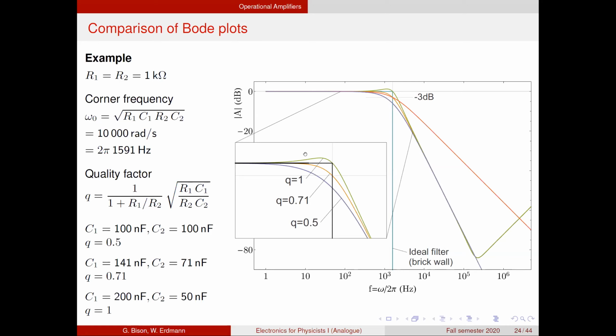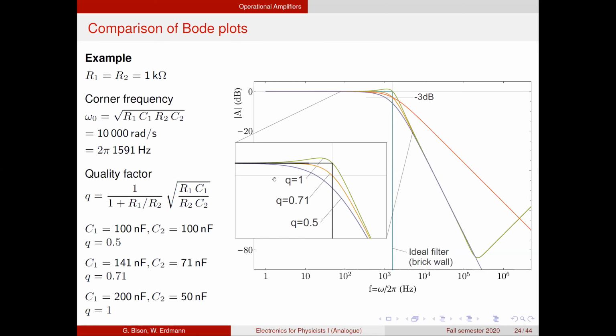And we can come a little closer to that by choosing a different quality factor. As you can see here, if we choose quality factor 1 over square root of 2, then we stay longer, this orange curve, we stay longer at gain 1 and then go quicker into the slope. Yeah, so this is the nicest turnover from gain 1 into this slope without actually going to a gain that is larger than 1.